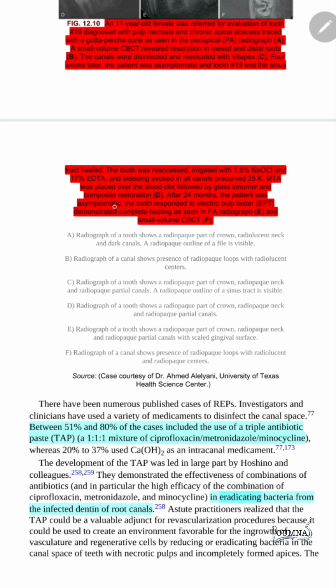We wait for 10 minutes until the clot formation is seen, then we place an MTA over this clot. Then we place glass ionomer in the pulp chamber that is followed by composite restoration.